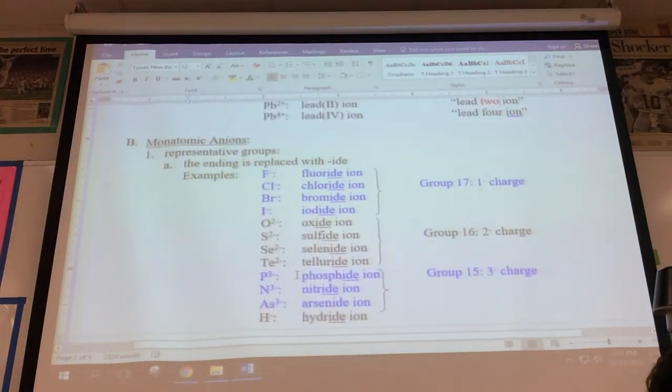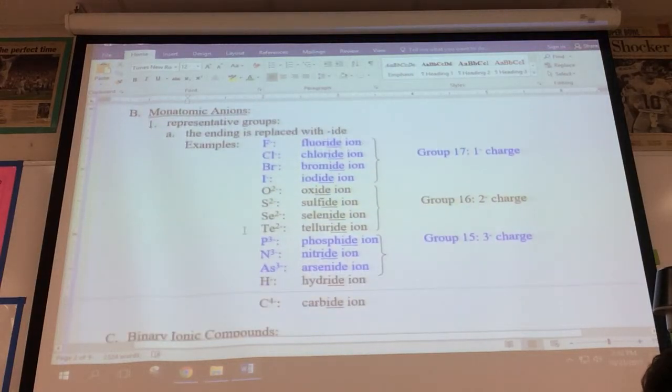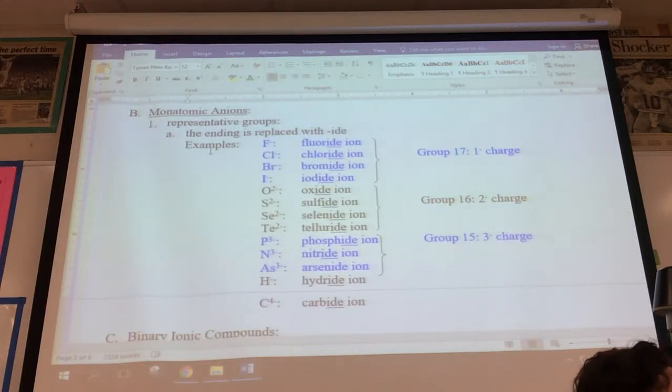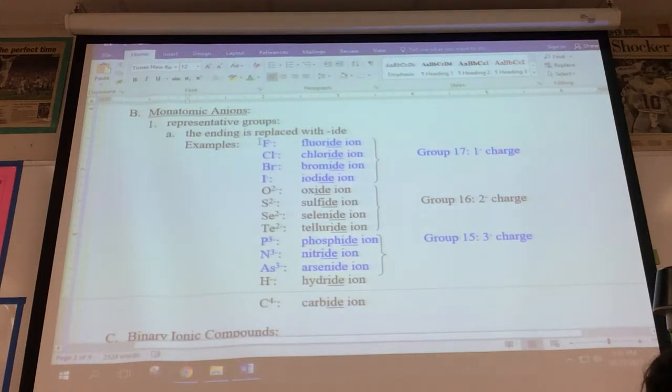The last piece of the puzzle today are your monatomic anions. These must be memorized. You must memorize these. If you have monatomic anions, what you're going to see is a single atom with a charge, as opposed to polyatomic, which we'll hit on Friday.